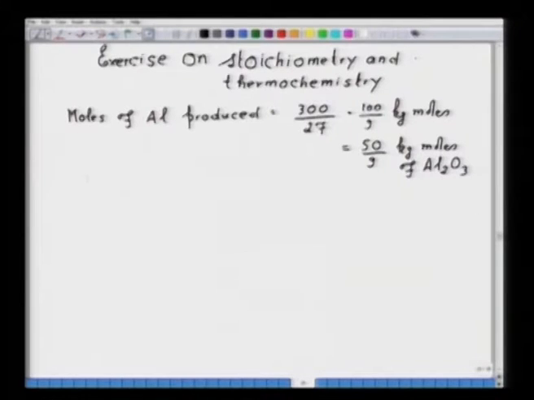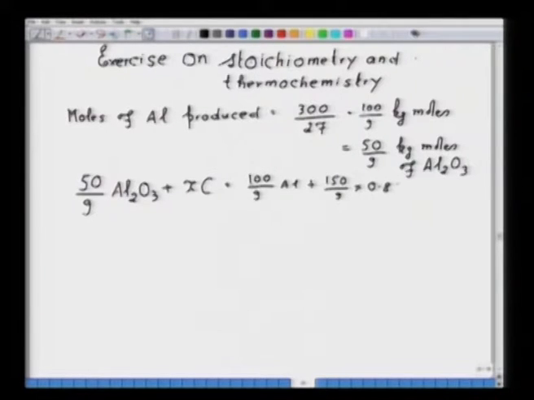So, if I write down now the equation, say 50 upon 9 Al2O3 plus x mole of carbon, because x is to be determined, that is equal to 100 by 9 moles of aluminum plus 150 upon 9 into 0.85 CO as per the statement of the problem, plus 75 upon 9 into 0.15 CO2.